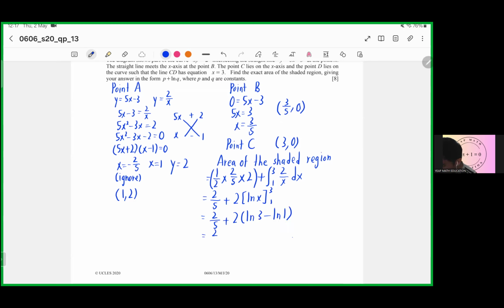We get 2 over 5 plus 2 ln 3. But the answer wants you in this form, so don't forget, please change the form. So the final answer is 2 over 5 plus ln 9.